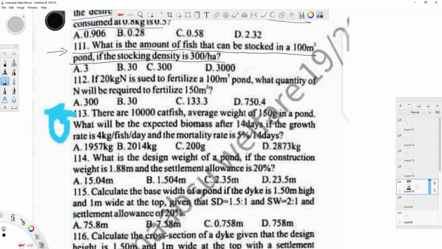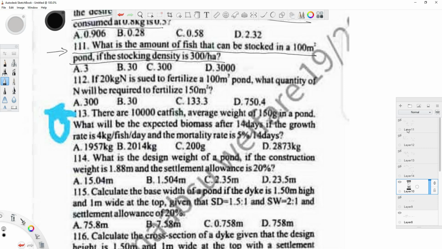Now let's pick the next question here. If 20 kg N is used to fertilize 100 square meter pond, what quantity of N will be required to fertilize 150 square meter pond?